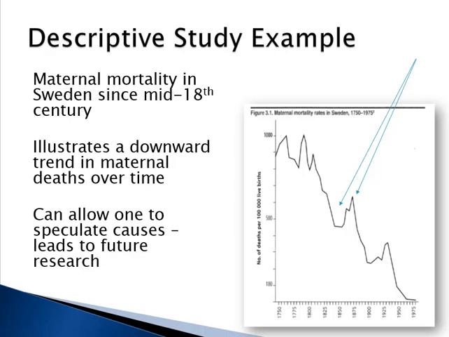Is it a factor of better hospitals, better birth centers? Is it a factor of understanding things related to diet? You can start to speculate. You can also wonder, well, why was there an uptick after a substantial decline for a while? Was that associated with a period of famine or war?